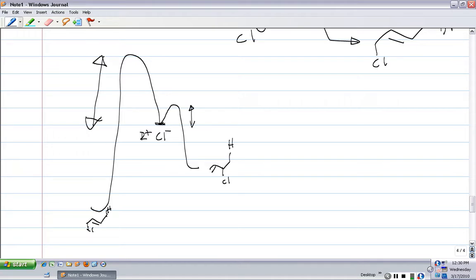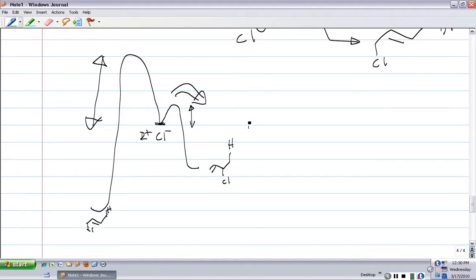There might be a small fraction of my molecules which have gone into the 1,2 product which can jump back, right? So what I'm going to find is that there are 3 pathways that are operational. The major thing happening would be going from the ion pair into the 1,2 product. That's the major pathway.